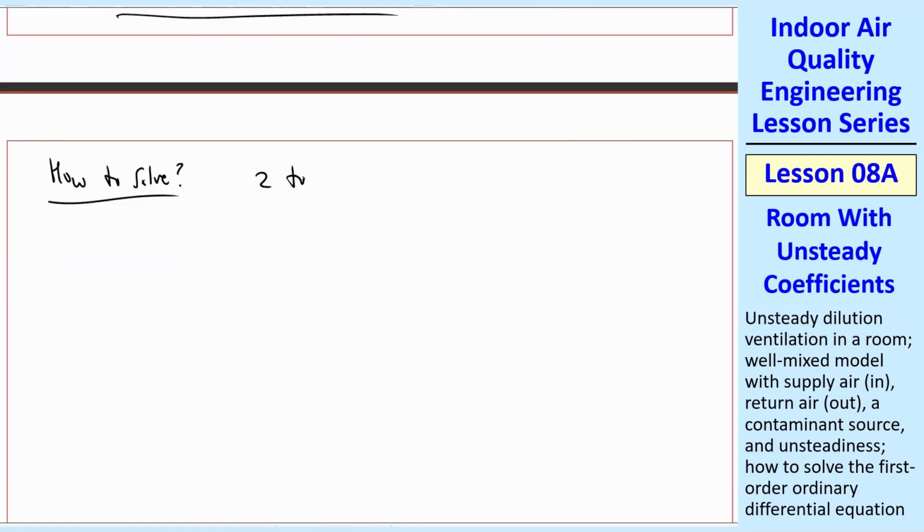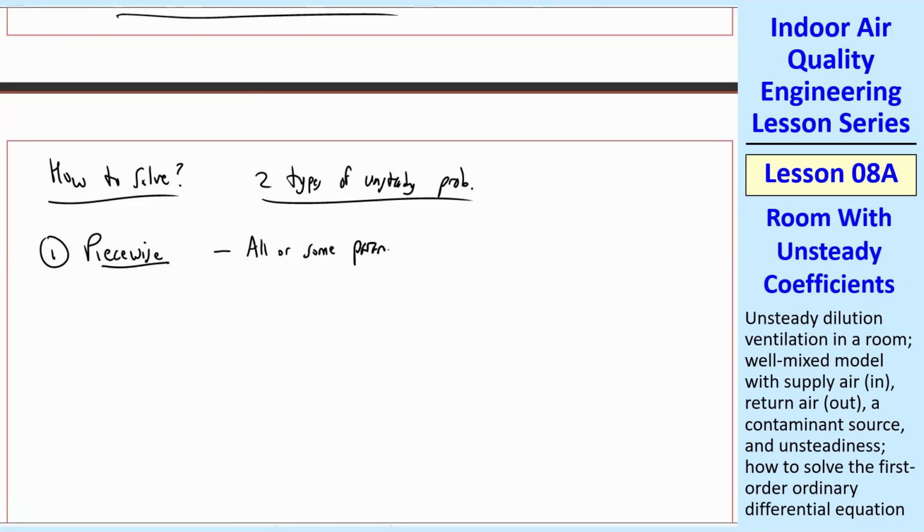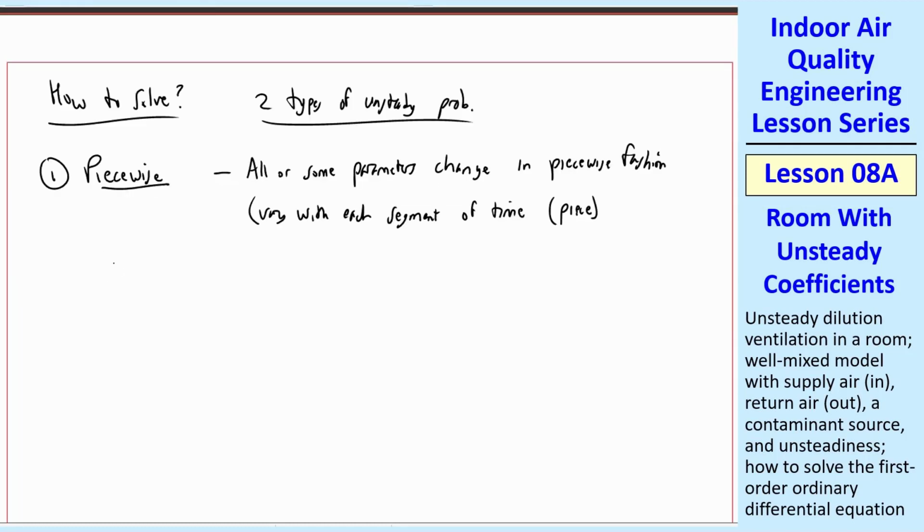There's two types of unsteady problems that we'll discuss here. Number one, piecewise. And what we mean by that is all or some parameters change in piecewise fashion. They vary with each segment of time or each piece. We already did this.